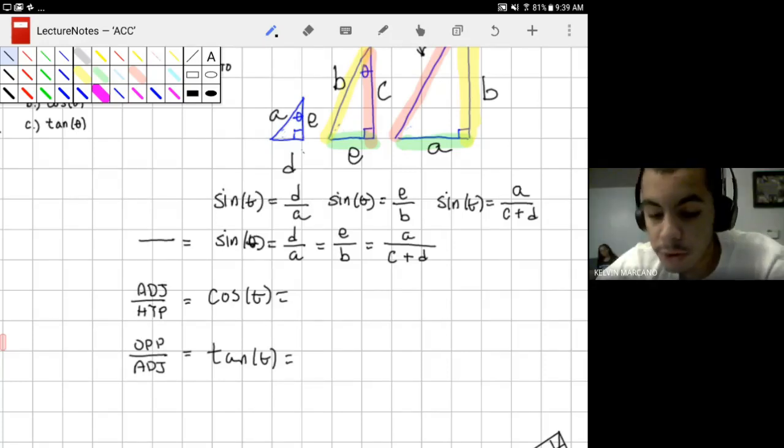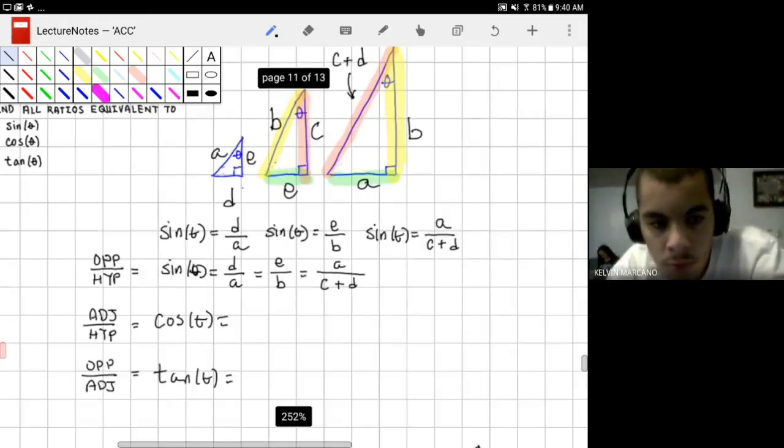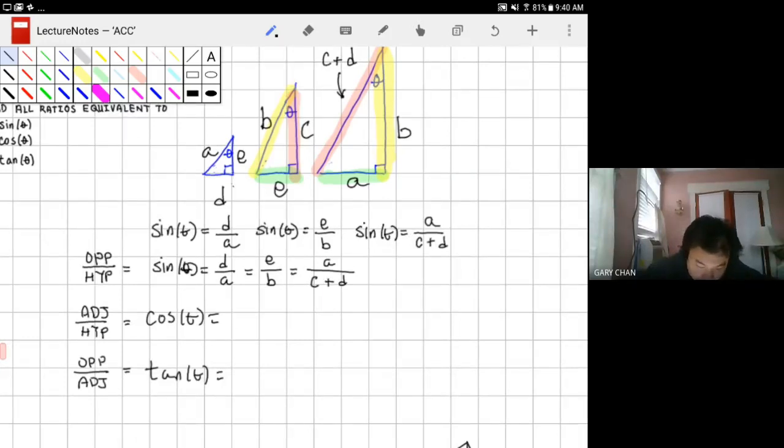Opposite over hypotenuse. Excellent. So just to drive this home, these ratios are equivalent because of how we are defining these things. So adjacent over hypotenuse, let's try to figure this out.